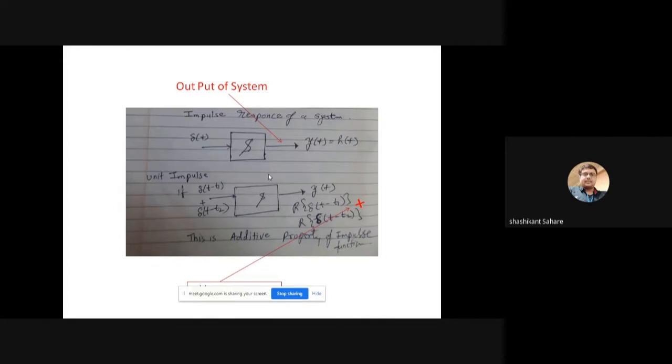We give some sedative, some drugs, to the criminal, and we keep on asking questions. These questions are nothing but like an impulse. We are giving impulses to the criminal, and because of those impulses, from whatever they say and the signals generated by the brain, we come to know whether the person is lying or saying the truth. So this is one example.